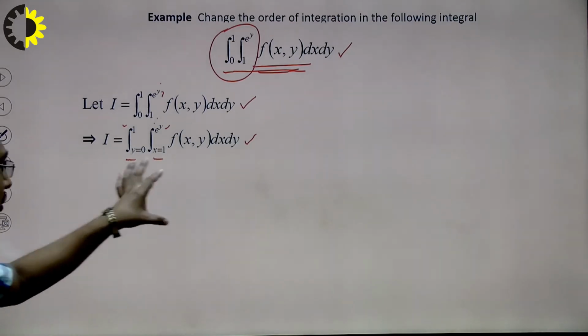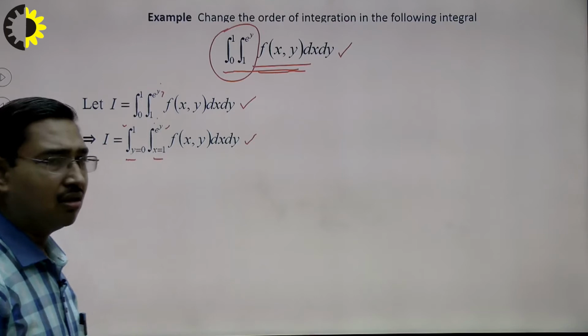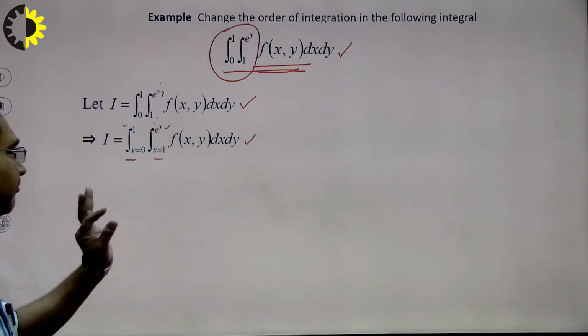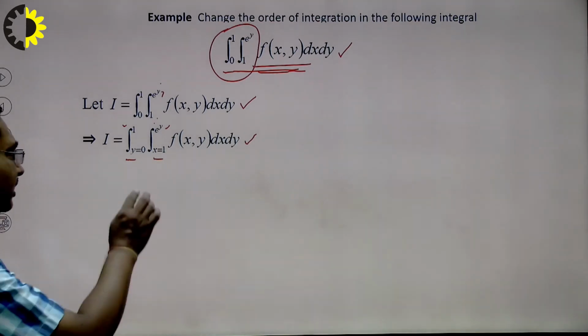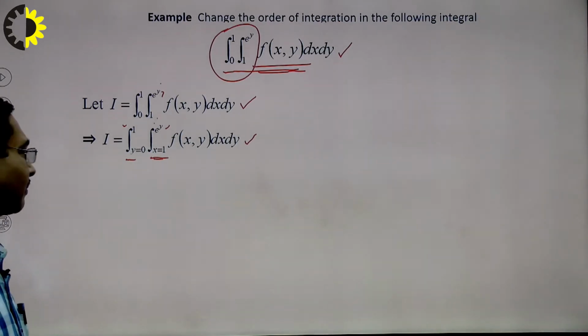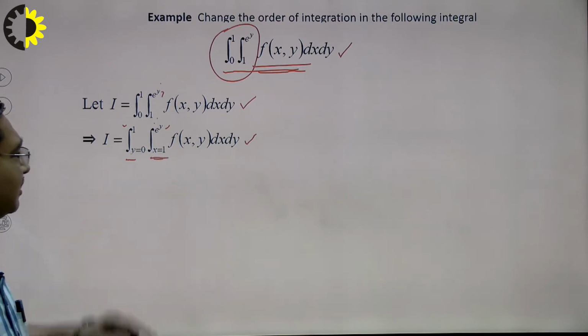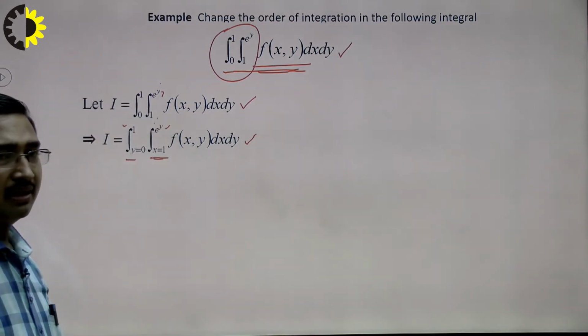Now, we want to change the order of this integration. To change the order of integration, we shall first draw the region of integration from this integral. For this, we will always consider the limits occurring inside, that is interior limits. The interior limits are x equal to 1 to e raised to the power y.